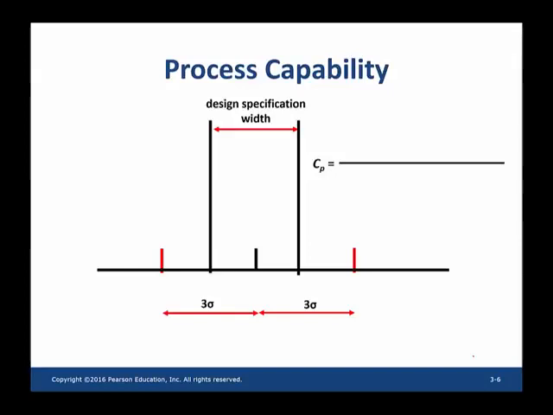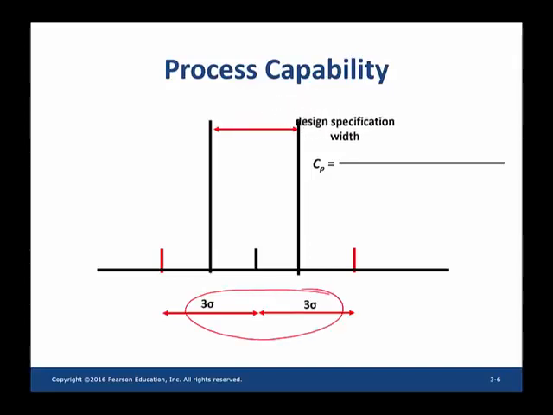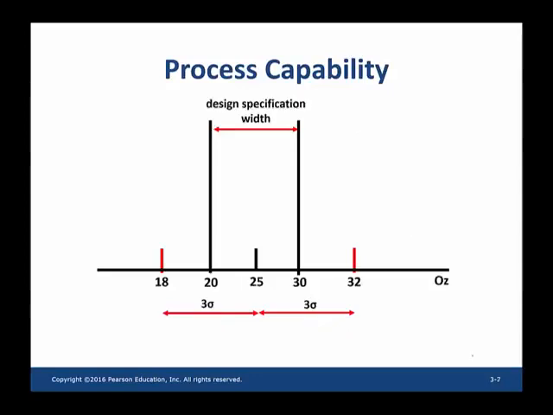One is the design width, and the other is the Six Sigma distance. So the process capability is a ratio of design width and Six Sigma distance. So let us plug in some values and calculate process capability.